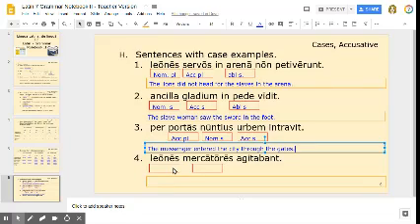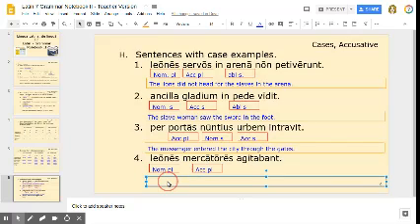It's probably the lions that are hunting the merchants and not the other way around. So leones, es, is a third declension, in this case, nominative plural, based on our logic. And mercatores is a third declension accusative plural, based on our logic, which means that leones mercatores agitabant, the lions were chasing or were hunting the merchants.